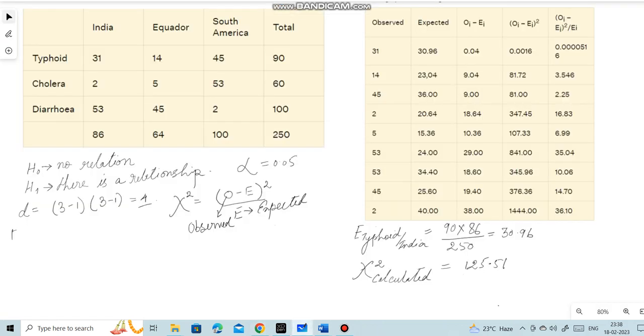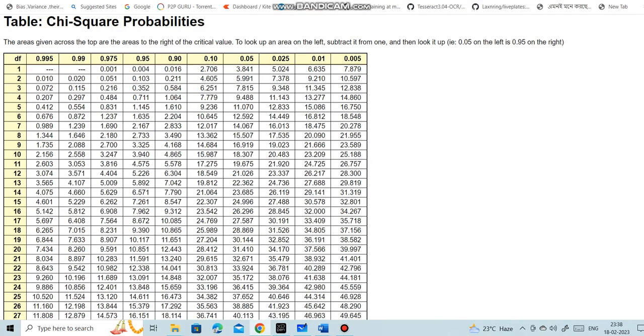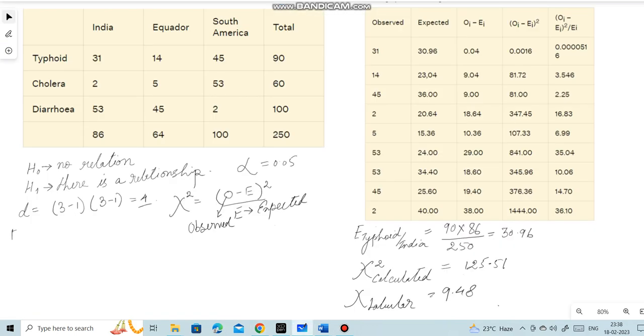So basically chi-square tabular is 9.488. Just let me recheck once. Yes, it's 9.488.